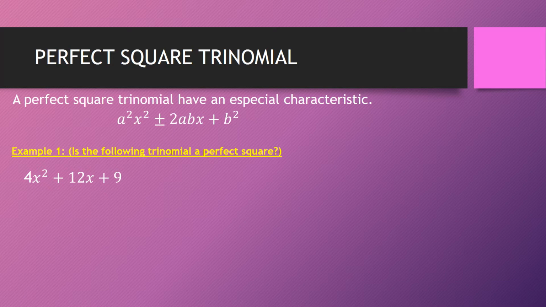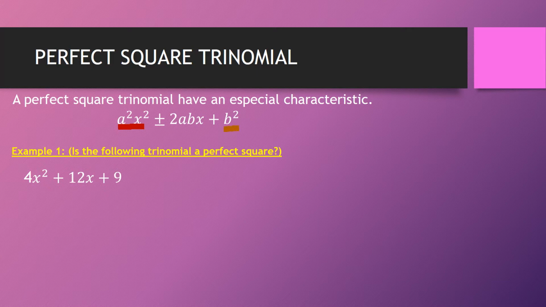Characteristic number one: you need to look at the first term. The coefficient of the first term is a perfect number. The coefficient of the second term is a perfect number.